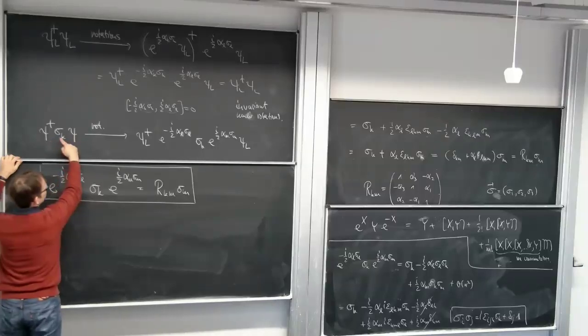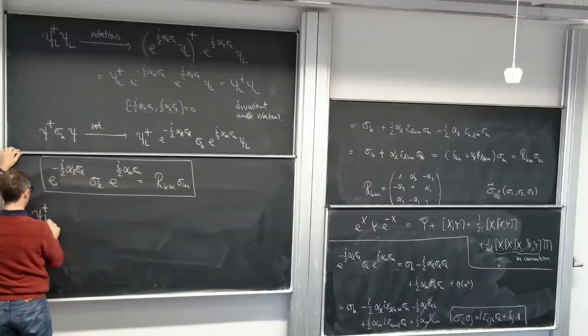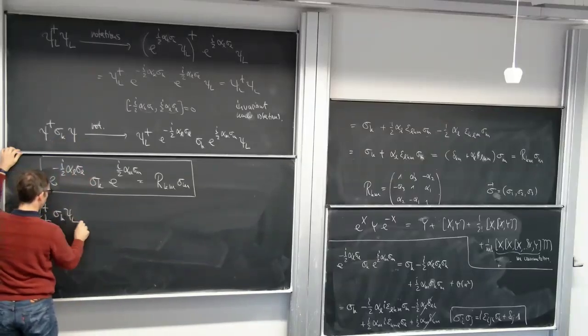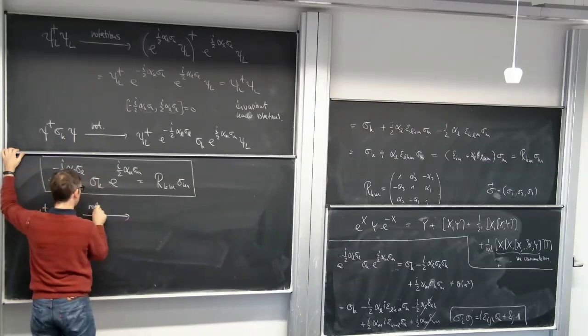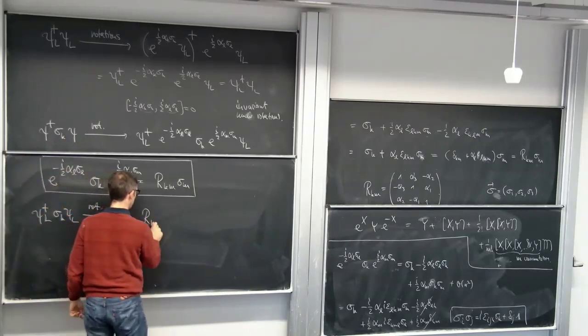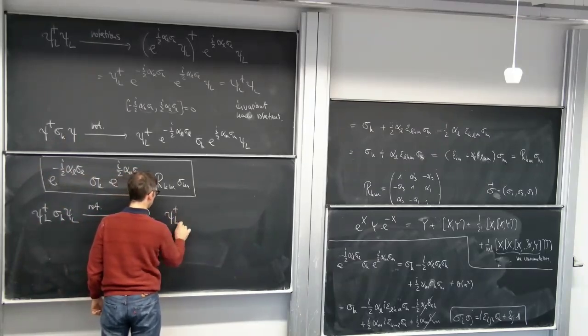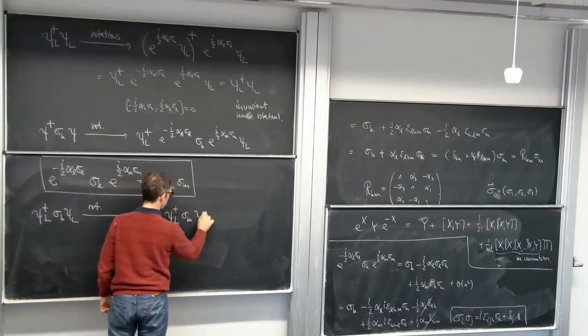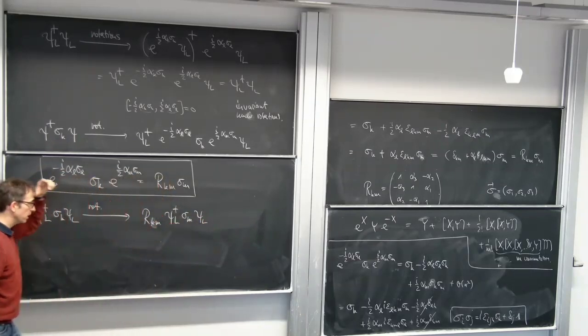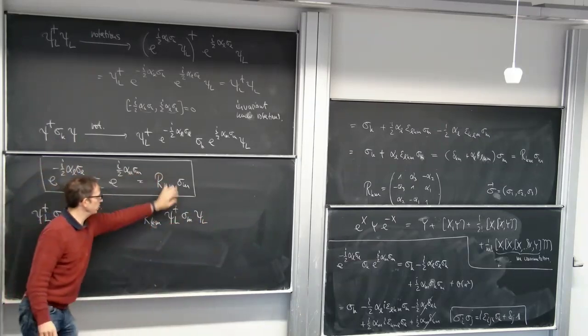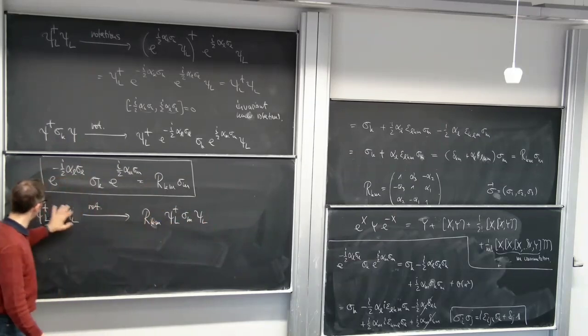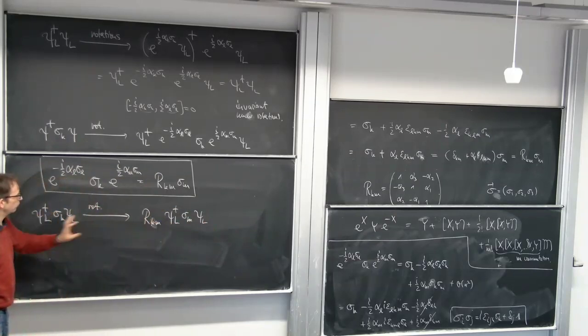So don't forget what we were doing. We're doing this psi dagger L sigma k psi L, transformed under rotations as this rotation matrix R k m times psi dagger L sigma m psi L. This is a nice formula, but that was the point. This combination is a vector.